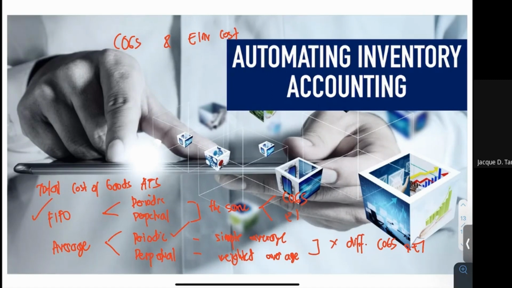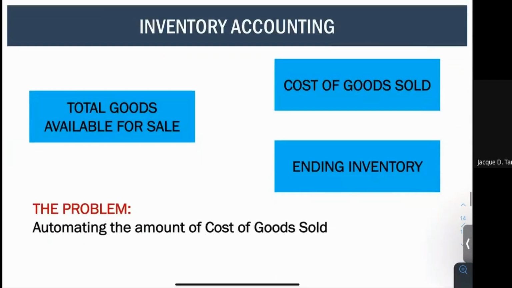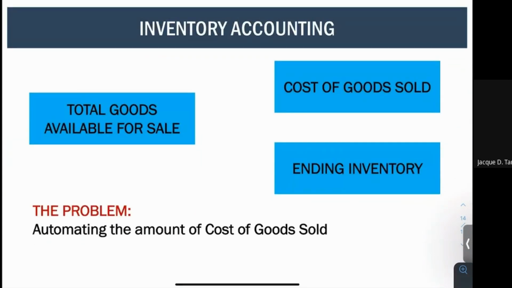So let's start in automating your inventory. Remember, we have your total cost of goods available for sale, which is your beginning inventory plus any of your purchases. And these items should be broken down into your balance sheet, or your statement of financial position, and your income statement.